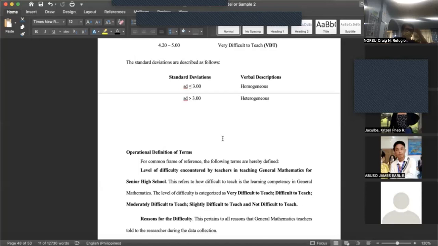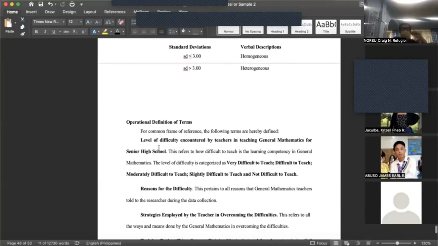So that's how you are going to define the terms. So we define level of difficulty encountered by teachers in teaching general math. But of course, when you copy, you're going to contextualize that one by teachers in teaching whatever you have in your own research proposal. Do you follow?